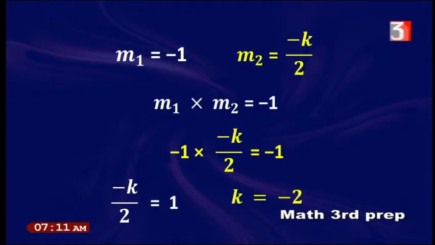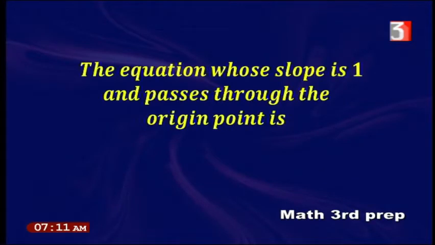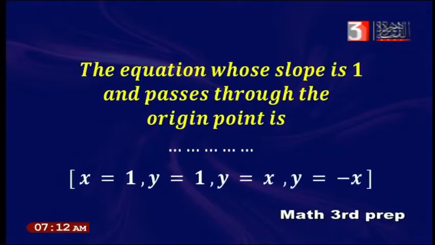Another example. The equation whose slope is 1 and passes through the origin is what? Is it x equals 1, or y equals 1, or y equals x, or y equals negative x?